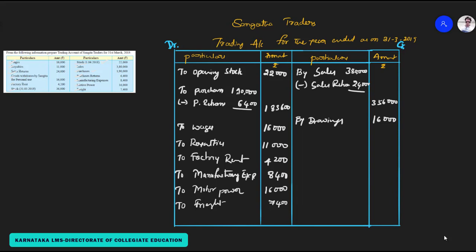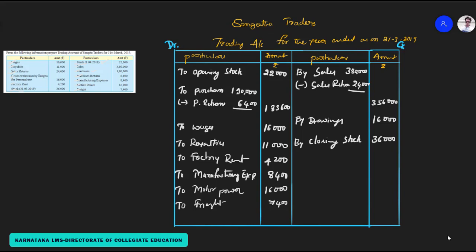And last we have stock, that is closing balance. So by closing stock, that is rupees 36,000. So we have entered each and everything into the trading account, so nothing is left.